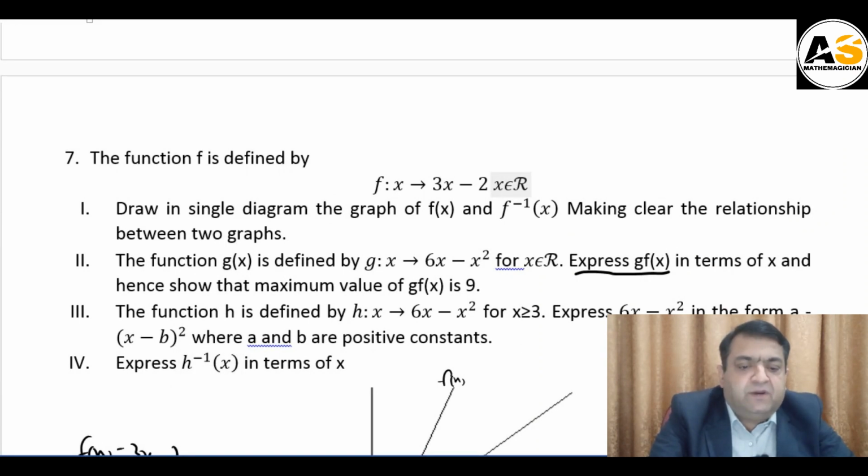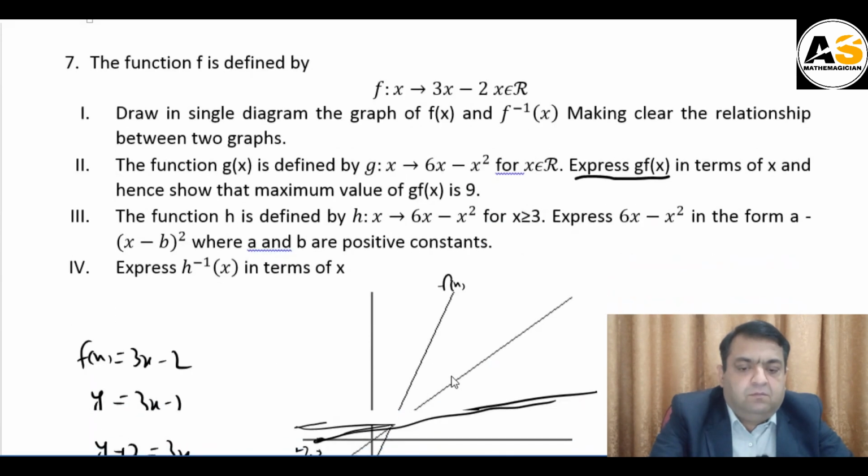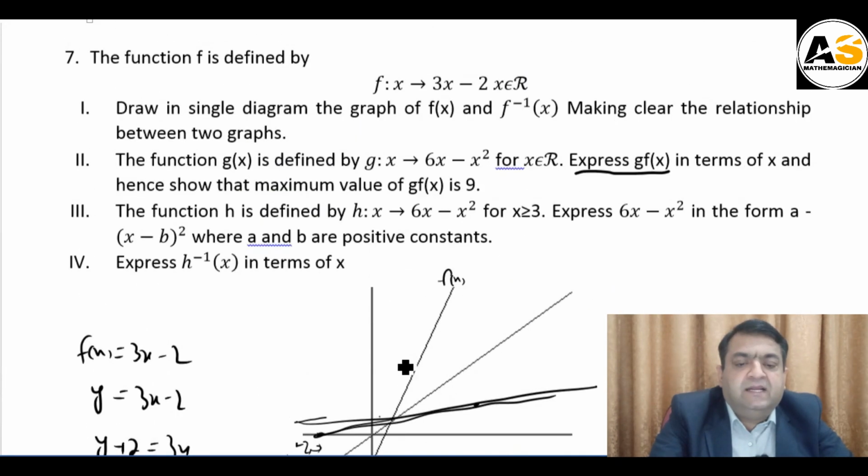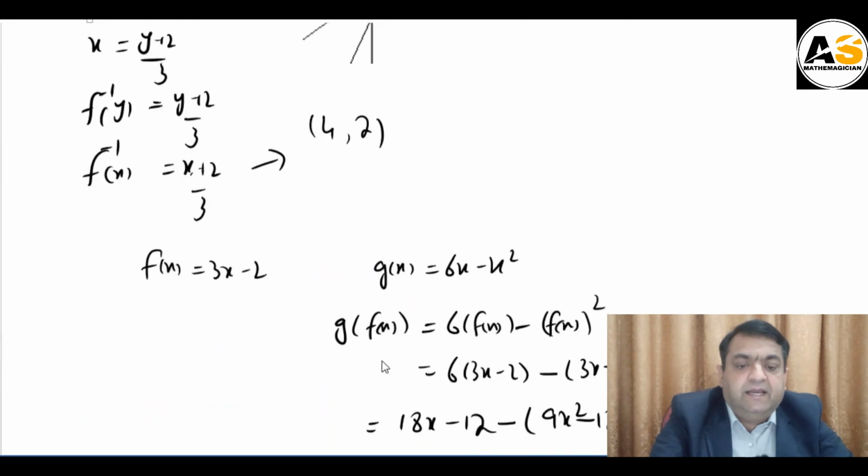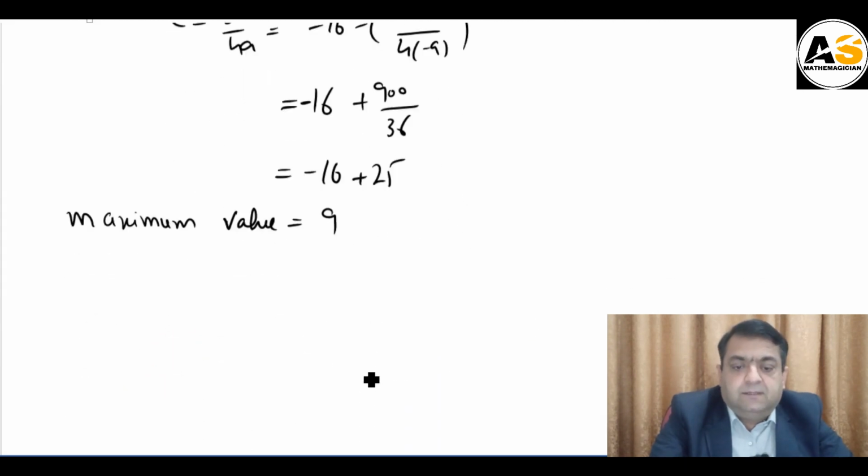Same function 6x minus x square, and we have to express this in the standard form. This is called h of x over here. So students, what will be h of x? h of x is equal to 6x minus x square. I am converting it into standard form.